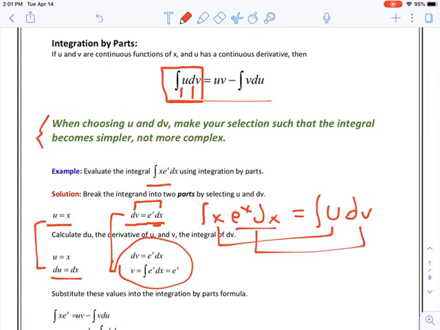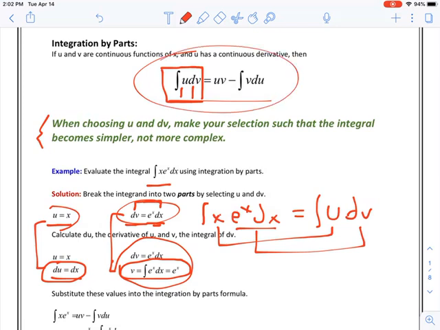Given dv is equal to e to the x dx, v is the antiderivative of e to the x dx, which is just e to the x. So we were given u and dv, and we've now found du and v. We now have all of the parts that we need in our formula.